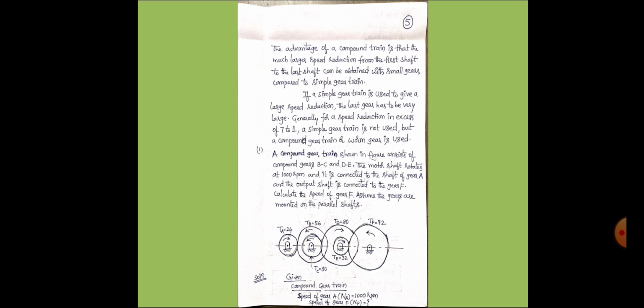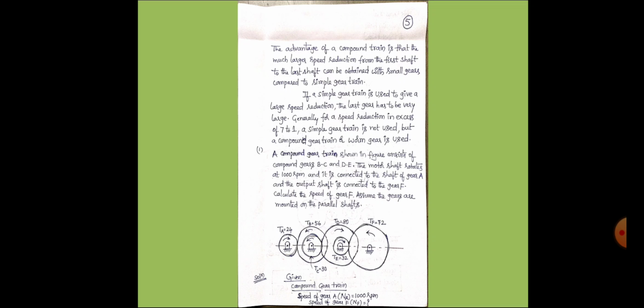In addition to this, I know the number of teeth on gear A, that is TA, is equal to 24. Number of teeth on gear B is 56. On gear C, that is TC, is equal to 30. Number of teeth on gear D, that is TD, is equal to 80. Number of teeth on gear E, that is TE, is equal to 32.